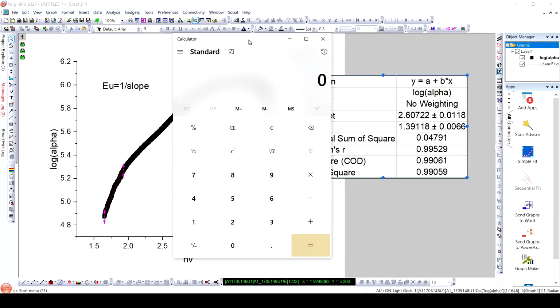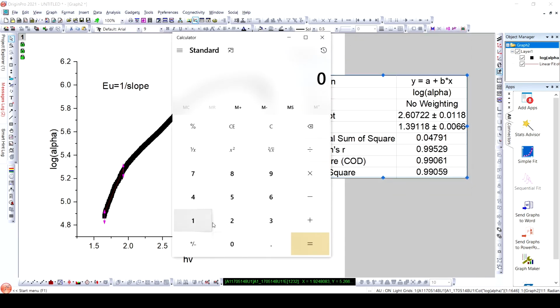And the inverse of 1.3918 is its reciprocal, 0.71.